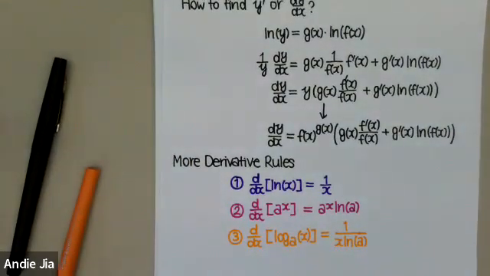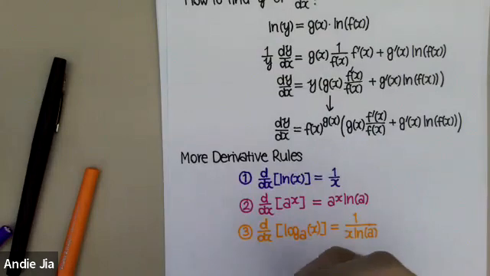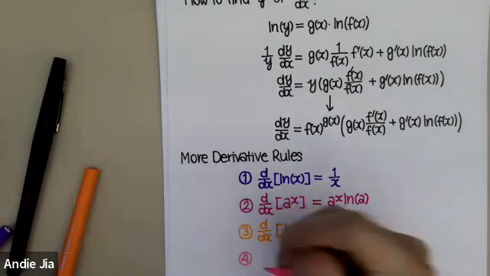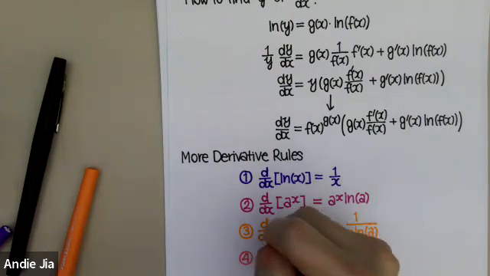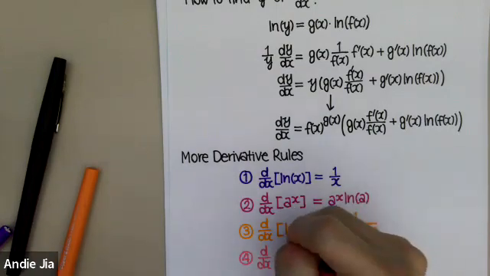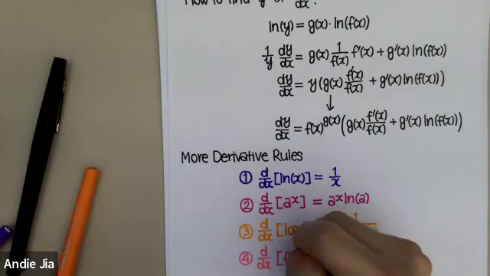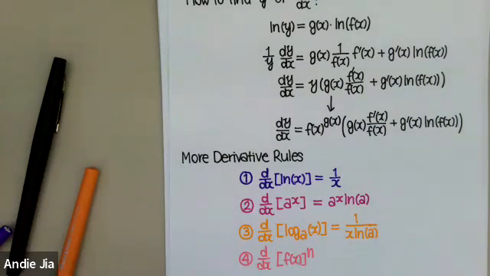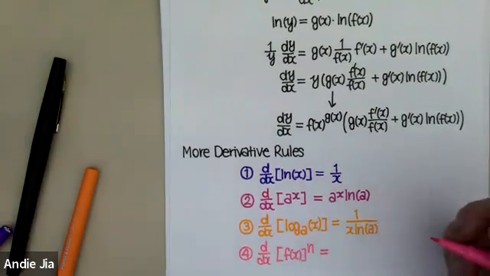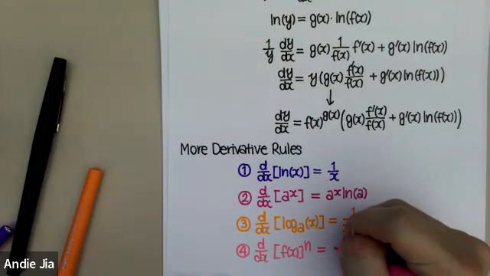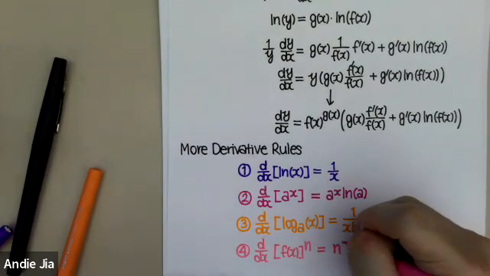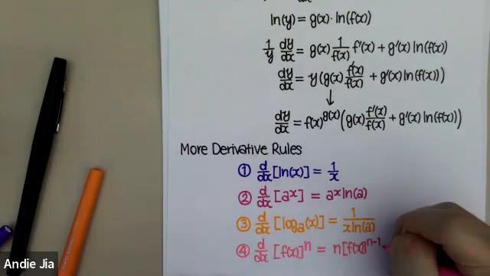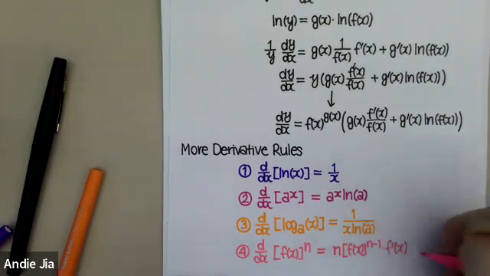And then number four, most importantly, like the power rule but for a higher power: d/dx of f of x to the n, with the chain rule, is n times f of x to the n minus 1, multiplied by f prime of x.